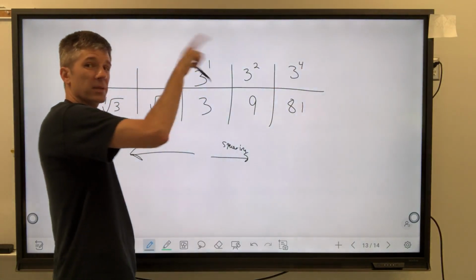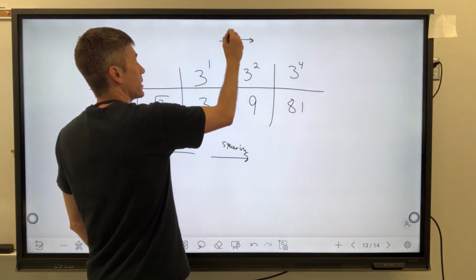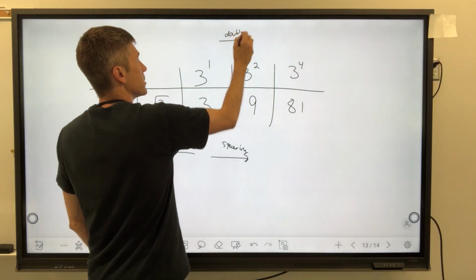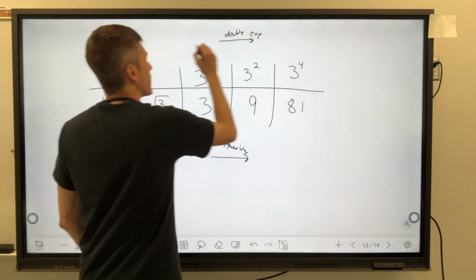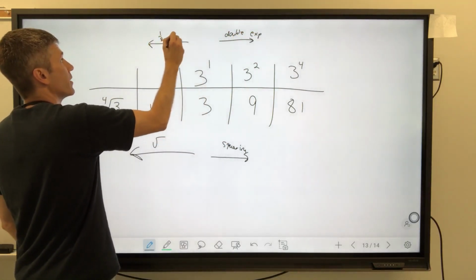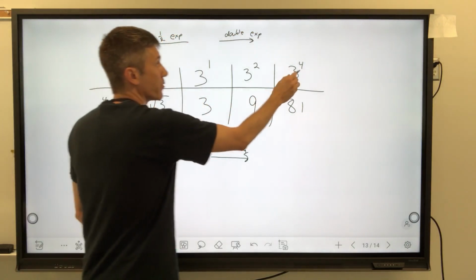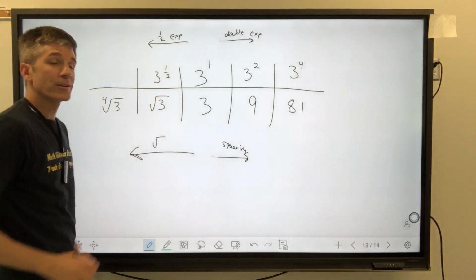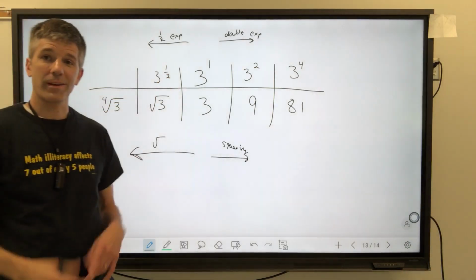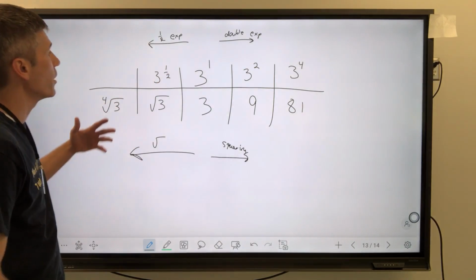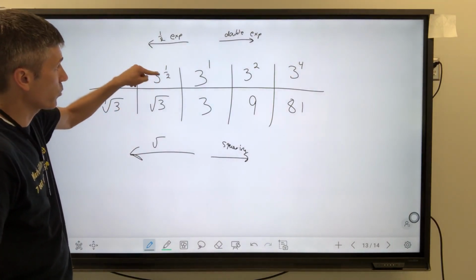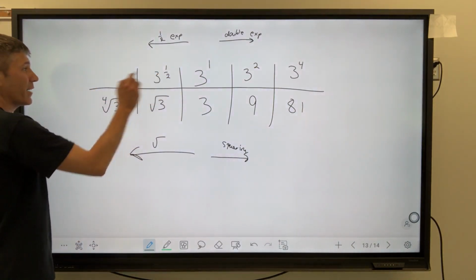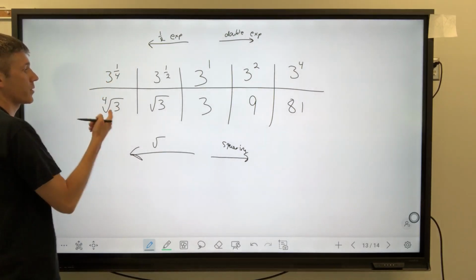So if I'm doubling my exponents as I go this way, then I would do half the exponent as I go this way. Half of 4 is 2, half of 2 is 1, half of 1 is a half. So 3 to the 1/2 is the square root of 3. So we gain an understanding now of the fact that an exponent of 1/2 is a square root. And then half of a half is 1/4. There we go.